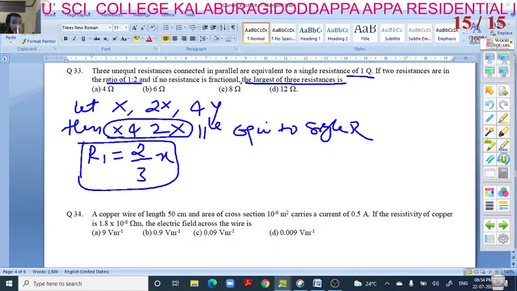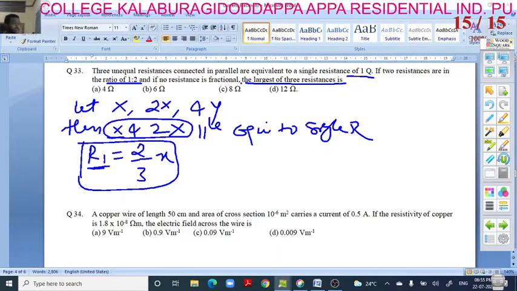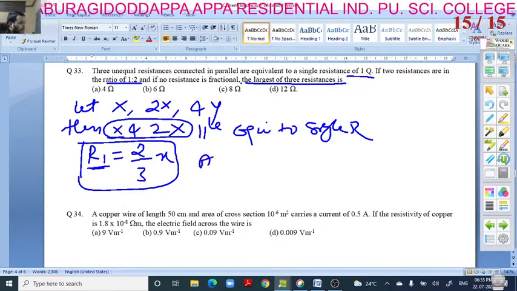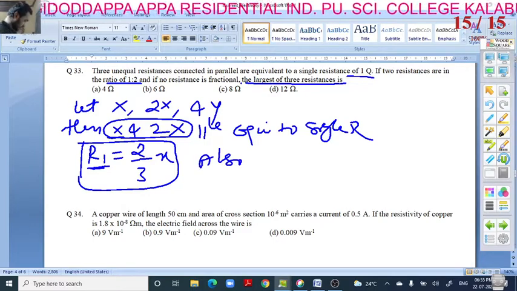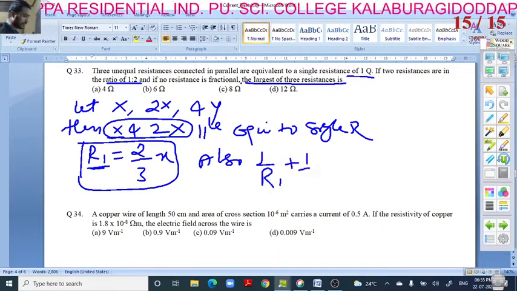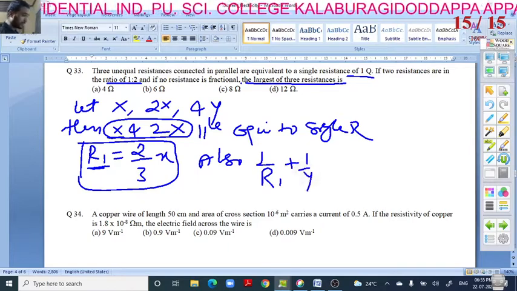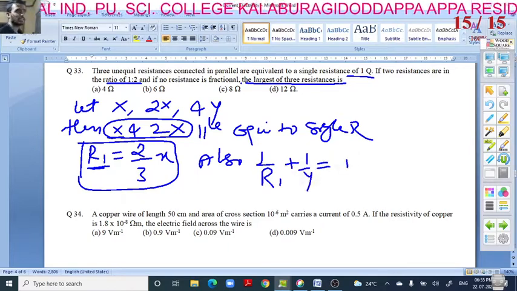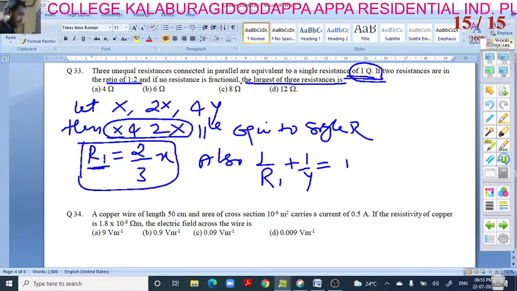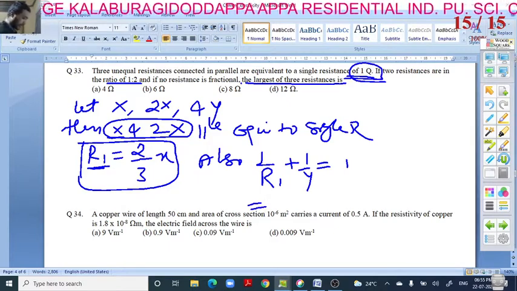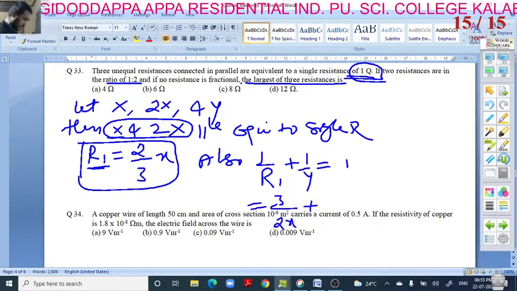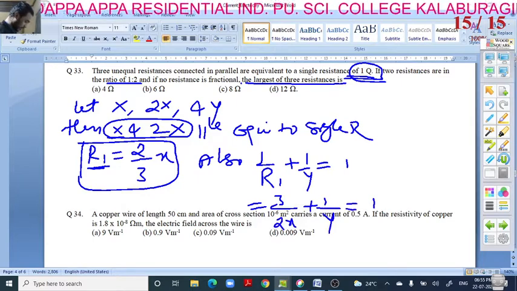This resistance is equivalent to a single resistance. So I can also write that the obtained resistance, 1 by R1 plus 1 by y in parallel, is equal to 1 ohm. Using that value of R1, I can write 3 divided by 2x plus 1 divided by y is equal to 1.